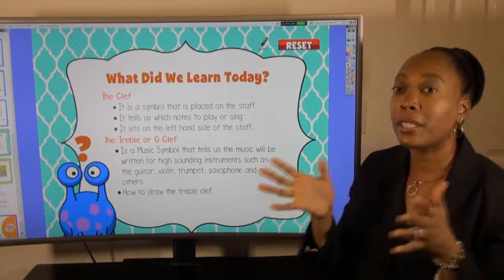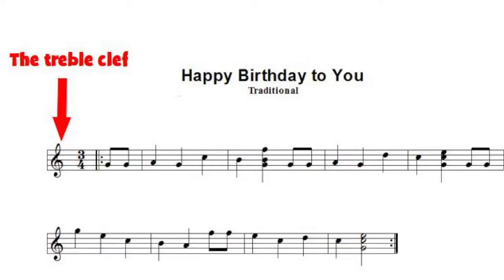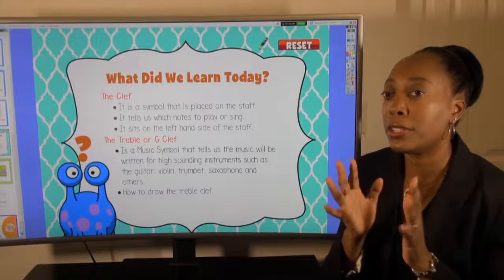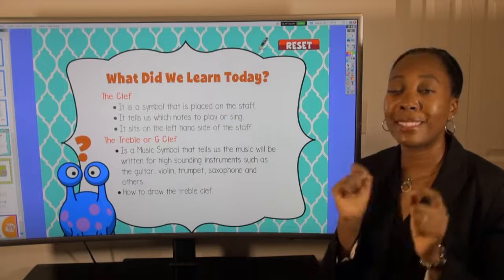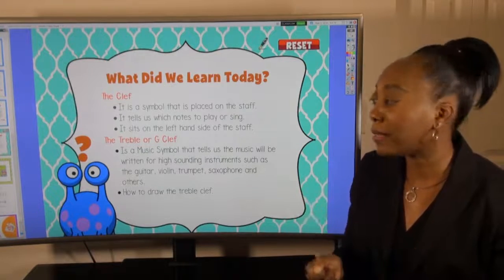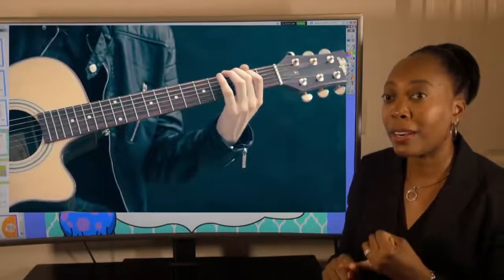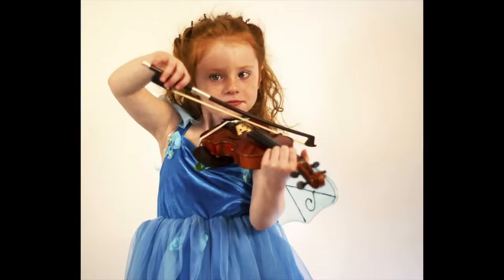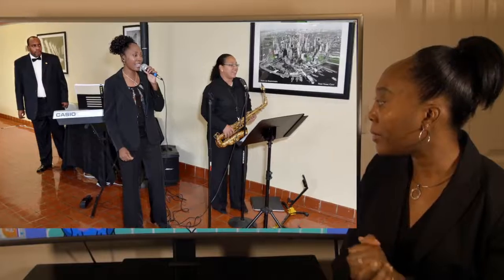And it's on the left-hand side of the music staff. And the G clef, also known as the treble clef, is for high-sounding instruments. For example, the guitar, the violin, saxophone, and a couple other instruments.